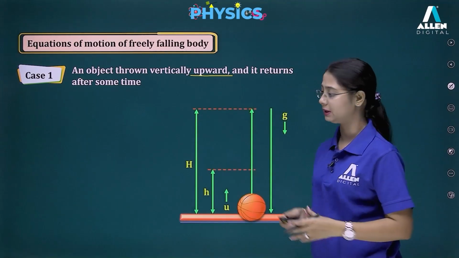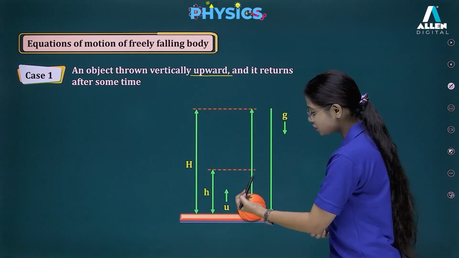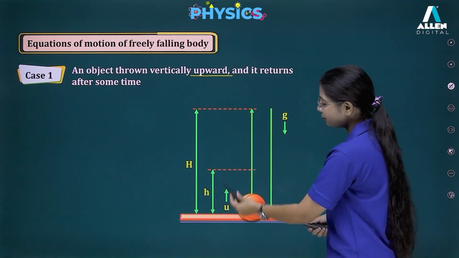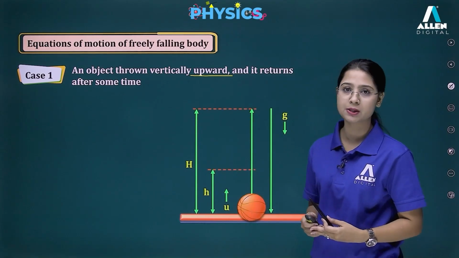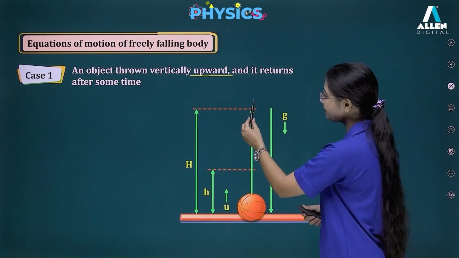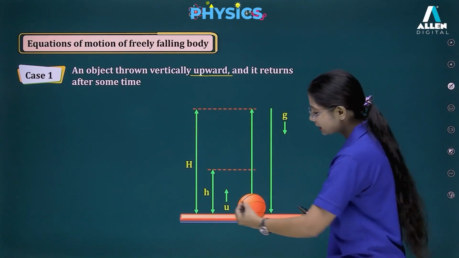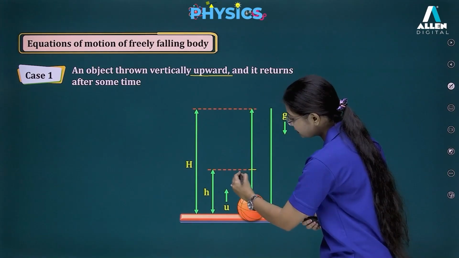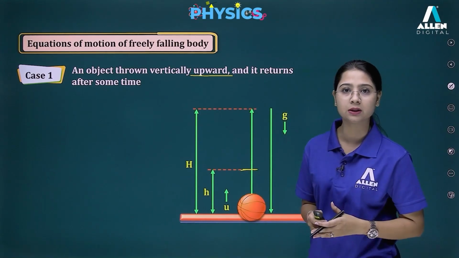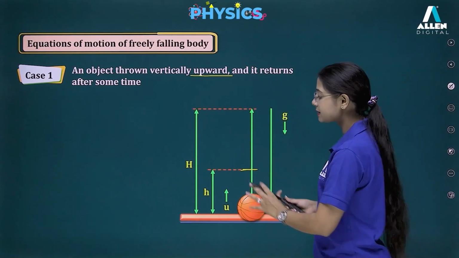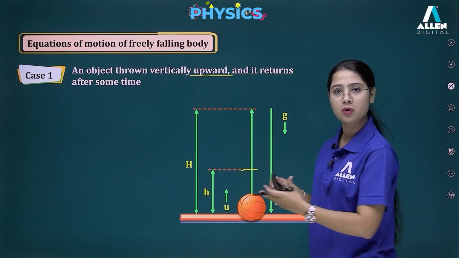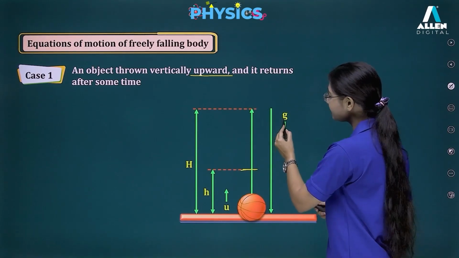So what will happen? Let's take here, there is the object. Now it is thrown vertically upward, so it has some velocity, that is u. After reaching the maximum height, which is denoted with capital H, and this is the small h height. Let's take this as any random height, okay. So now we are going to discuss the equations of motion for this case. And here, what is the acceleration?